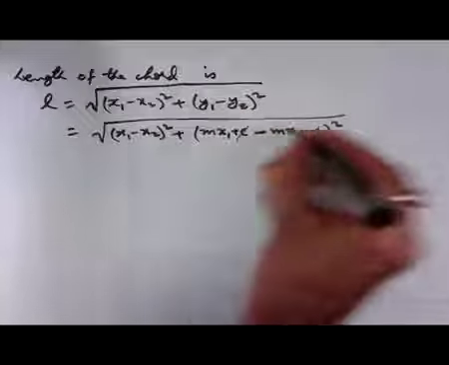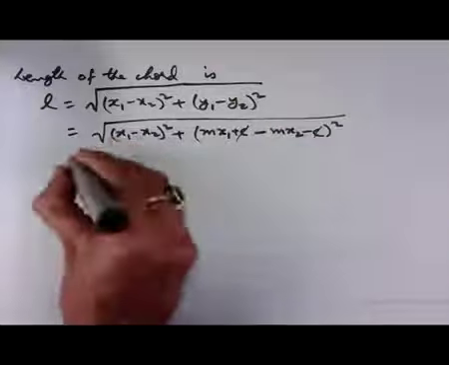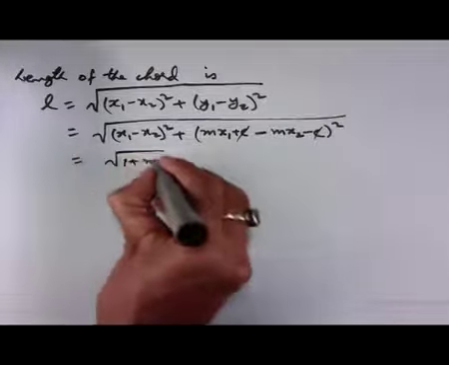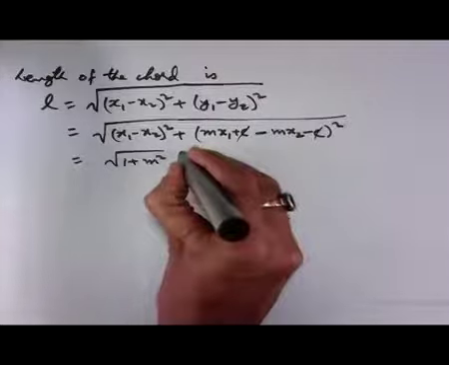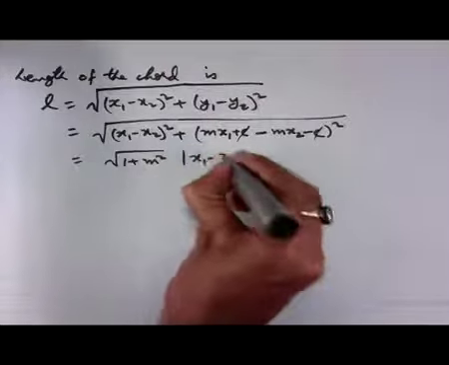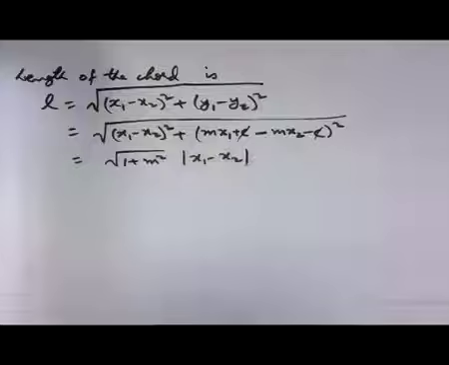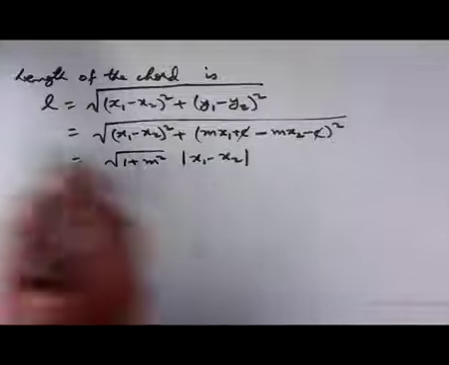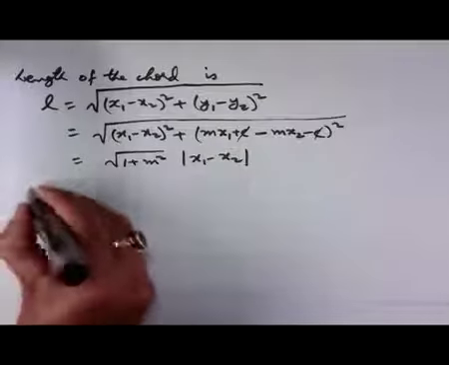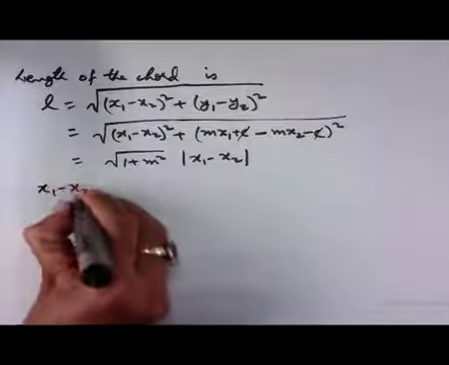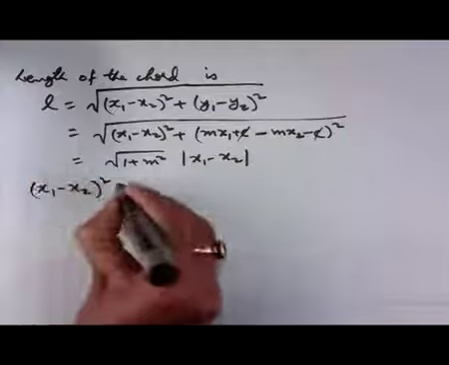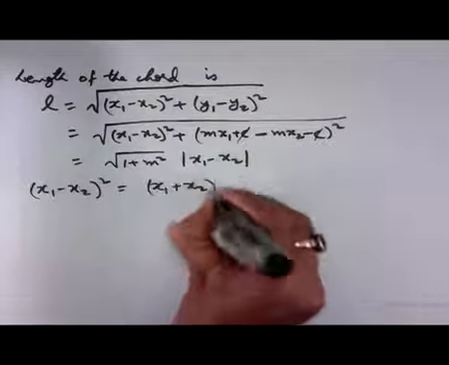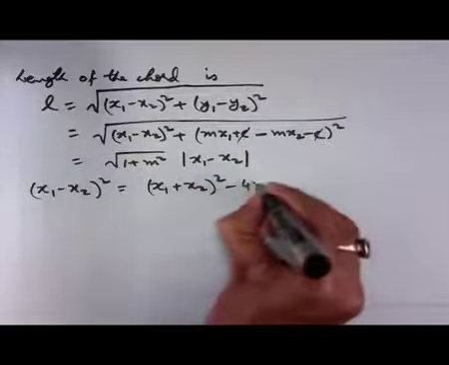So, c cancels here and we get this is equal to square root of 1 plus m square times mod of x1 minus x2. So, we need to find what is mod x1 minus x2 and then we know the length. So, (x1 minus x2) square is nothing but (x1 plus x2) square minus 4 x1 x2.